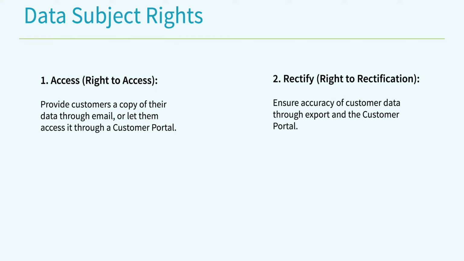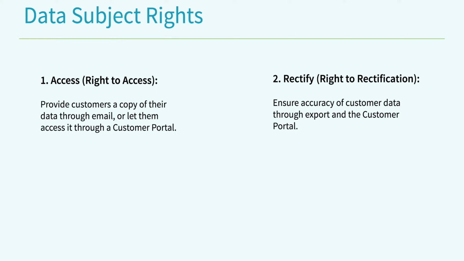So that's the next topic, how to give the rectification aspects to the customer. Through the customer portal it is pretty straightforward. The customers can go inside, and if they want to edit the phone number, they can do it. The other way, assume that you are not using the customer portal at all, then we will provide a .csv file.